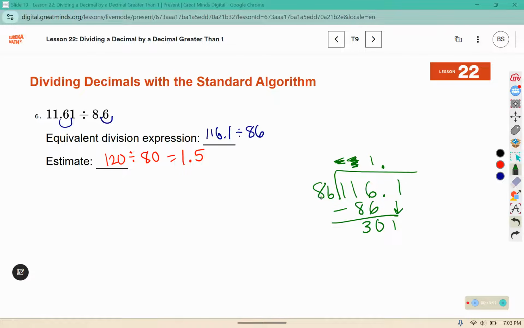If I counted by 8s, or I could think of this as it's closer to 90, I could count by 9s and try and get close to 30. 9, 18, 27. So that's around 3 of them. 3 times 6 is 18. 3 times 8 is 24, plus 1 more makes 25. And that was 3.